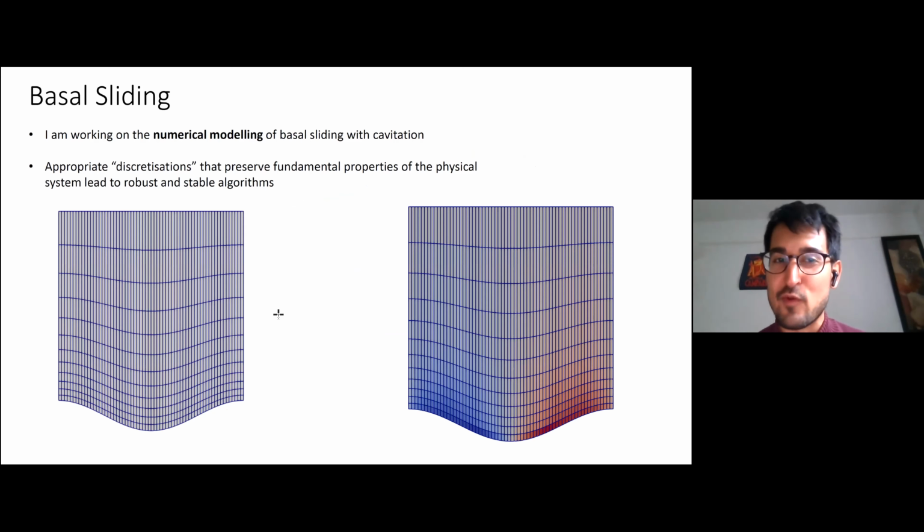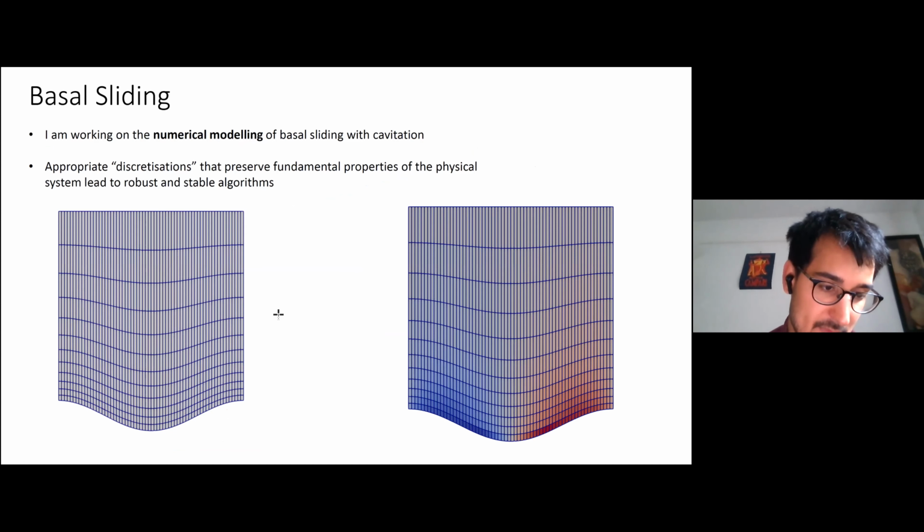And I just want to say a few words about what I mean by numerical modeling, in case there are people in the audience that aren't familiar with this term. So numerical modeling, or numerical analysis, which is the name given to the field in mathematics, is really the transformation of a system of differential equations, which establish a series of relationships between physical variables. Say, in this case, we have the cavity shape, we have the ice velocity, the ice pressure.